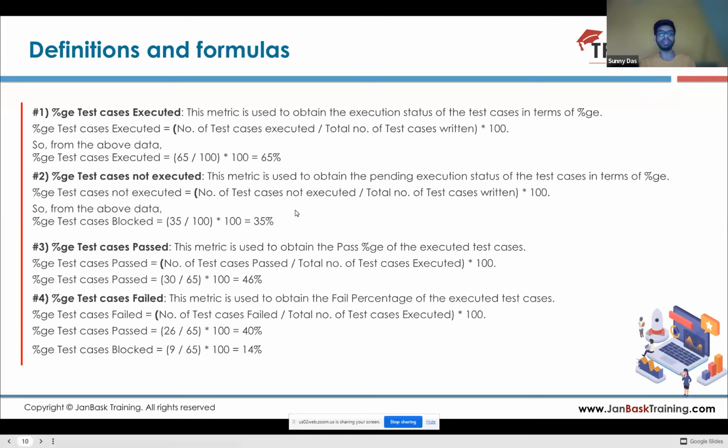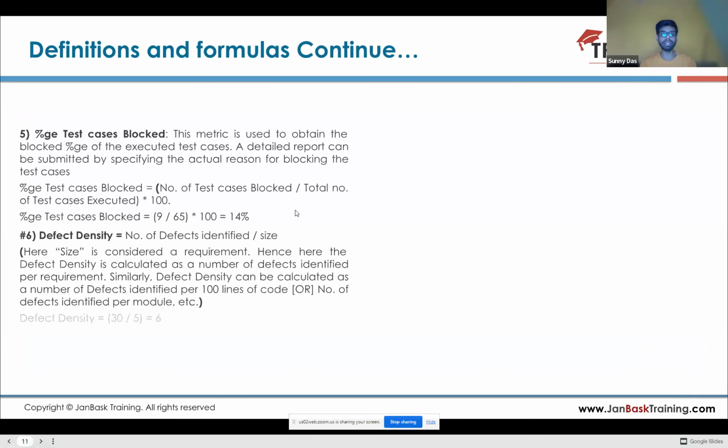So in that case you can say that when I'm executing the test cases, I'm providing the data to my test lead that this many test cases have been written, and out of those this many test cases are executed, this many are failing, this many are passing, this many are blocked, this many defects are found, this many defects are retested and closed, and then this many defects are being found in the deployment phase or during the UAT phase.